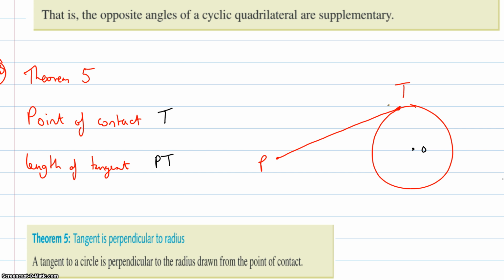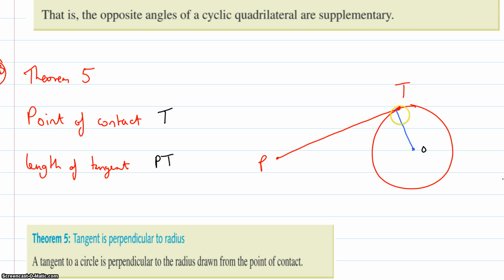Now, the other theorem that you can probably see down here is that the tangent is perpendicular to the radius. The reason that that is true, well, this is the way that I think of it anyway, is that if I imagine trying to get from the center of the circle to this line, the shortest way to go there is not to go over here somewhere, but to go there, which is the radius.